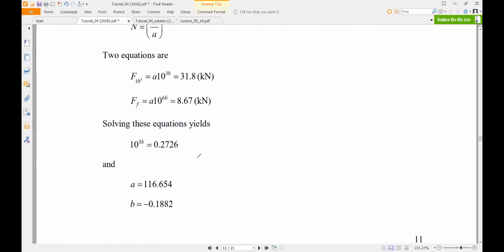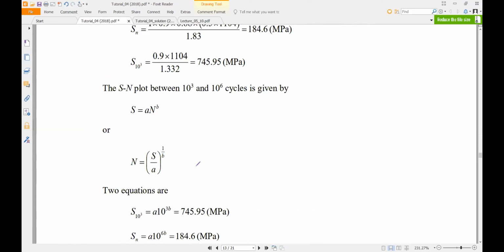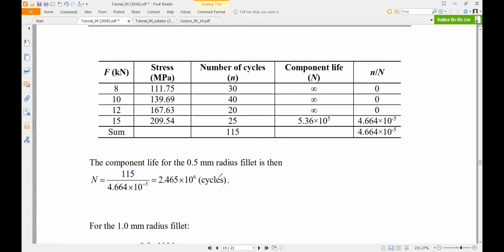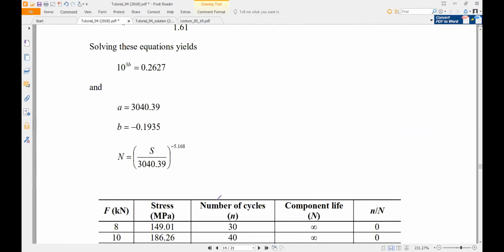But if you use the SN equation, you can see here they calculate the SN equation for each and every point and find out the number of cycles for each point for the component lifetime. They will calculate with the number of cycles, and they check which one is the least one. Then that least one is the answer. Are we clear?